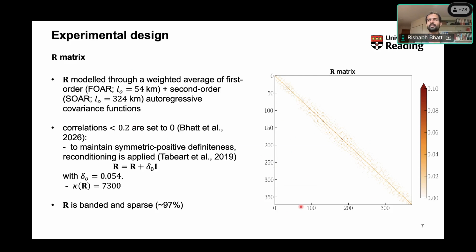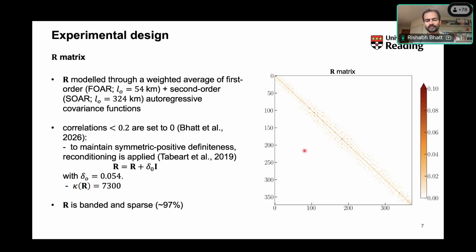Covariance matrices are supposed to be symmetric positive definite, and for that we apply some reconditioning to improve the conditioning of the matrix. You add a small increment to the diagonal entries, also called ridge regression. With a small increment, we get a condition number of around 7,300.